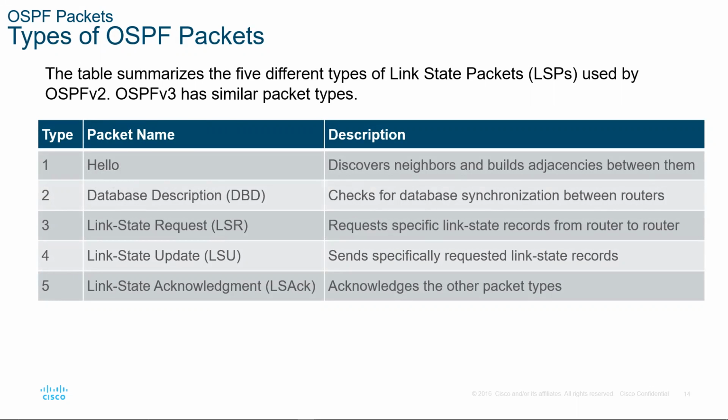If a device wants more information about one or more links within the database description update, it will then request the specific records. The link state update is the reply to that request with the detailed information of the links. And then you have type 5, the acknowledgement of the receipt of the update.